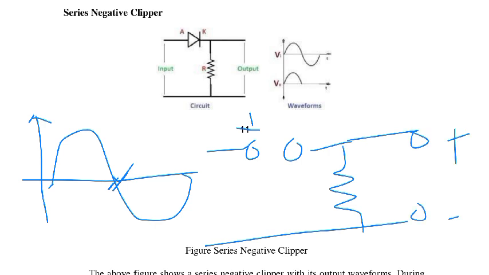This is the output V0. The diode is open, with Vi at the input. If the diode is open, there is no current flow, so the output must be 0.